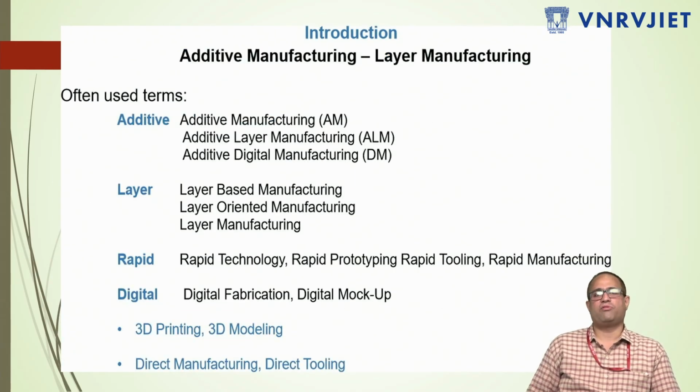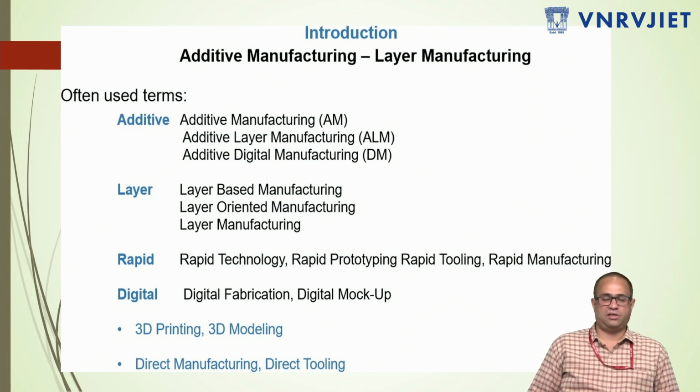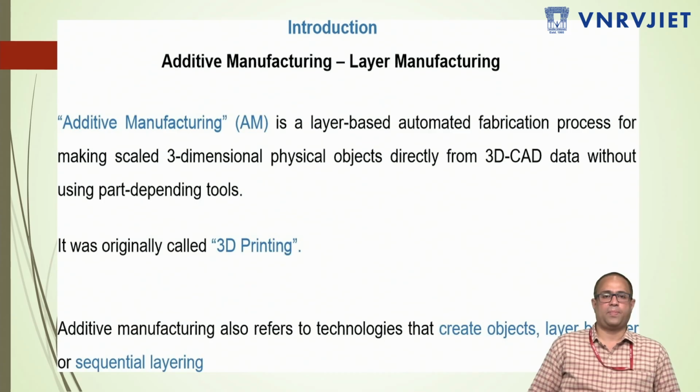Now this additive manufacturing can also be called additive layer manufacturing, additive digital manufacturing, layer based manufacturing, or in other words rapid technology, rapid prototyping, and digital fabrication. And as I told you, as a generic word, it's called 3D printing.